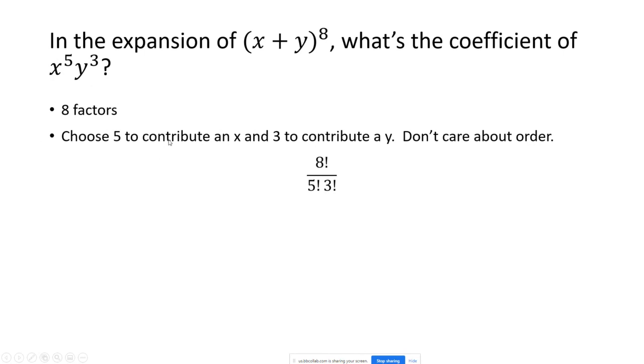So that's going to be our same formula that we used to assign people to jobs. 8 factorial, so n factorial, total number of objects we want to arrange, divided by the number of orders for group 1 and the number of orders for group 2. And that works out to 8 times 7, or 56.